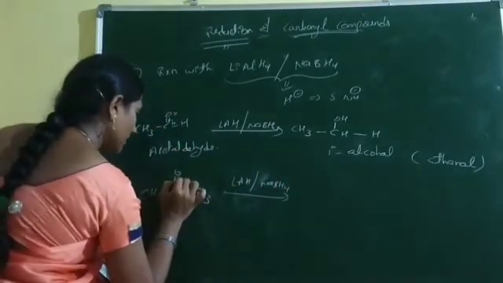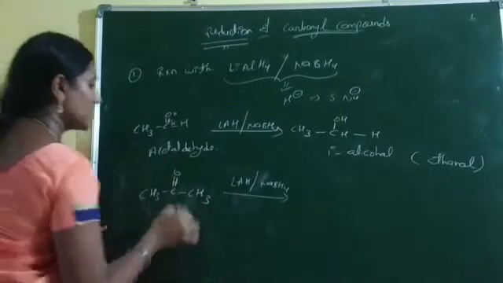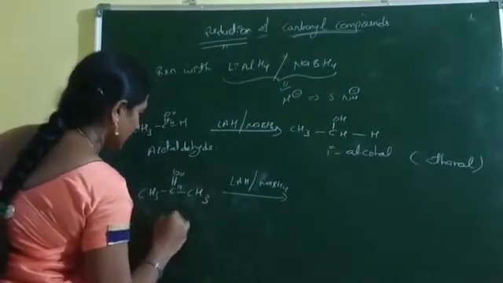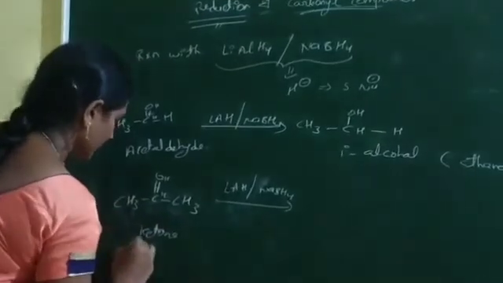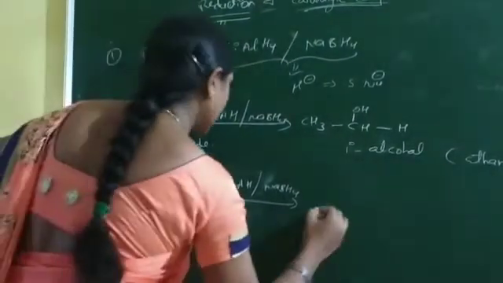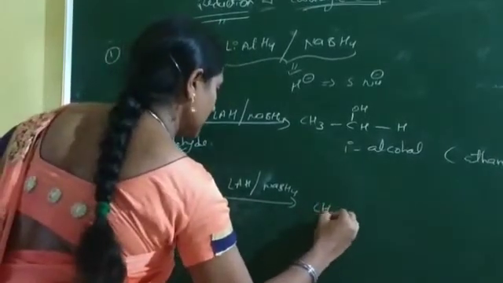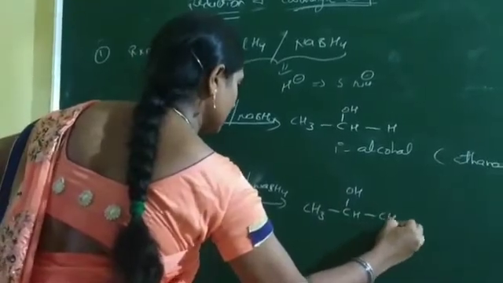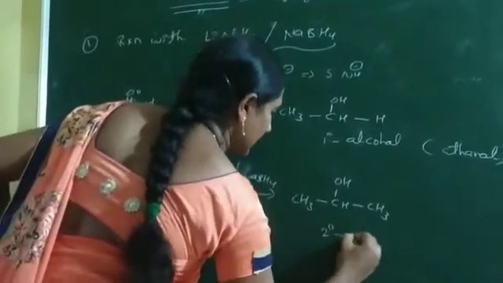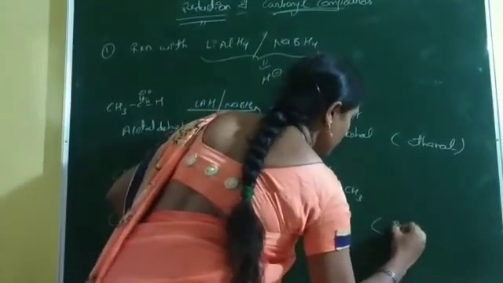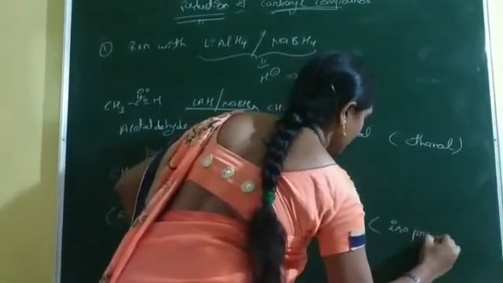The C double bond O, one bond is involved in the reaction by the addition of two hydrogens. That ketone turns to secondary alcohol, CH3, C, OH and H, CH3. This is a secondary alcohol. The name is isopropanol.